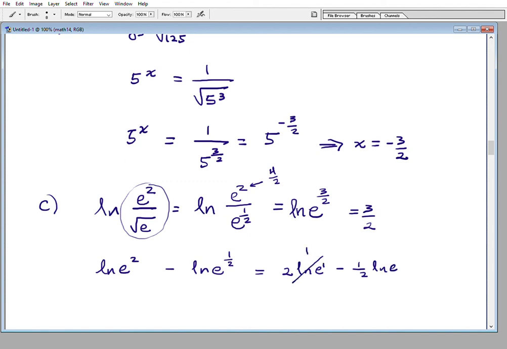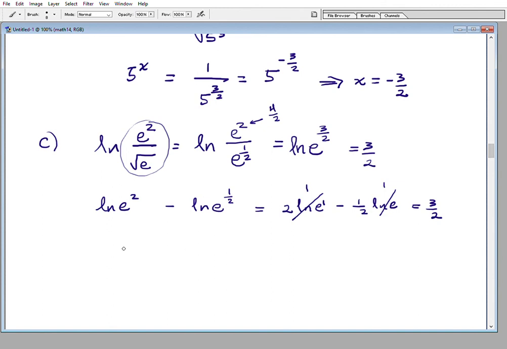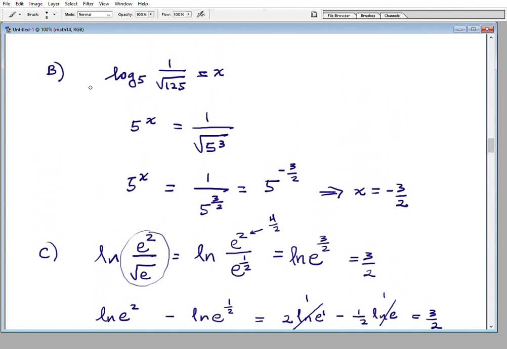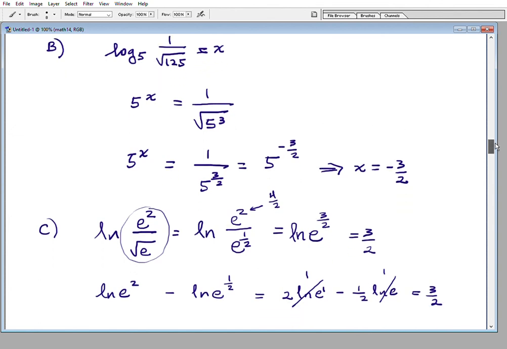Again, these are inverses, ln and e, and this is e to the 1. That ln e is 1, so we have 2 minus 1/2. Again, we're just doing 2 minus 1/2, which is 3/2. That's two ways of doing that problem. Okay, so we have those types of problems where you're figuring out the log of some value.